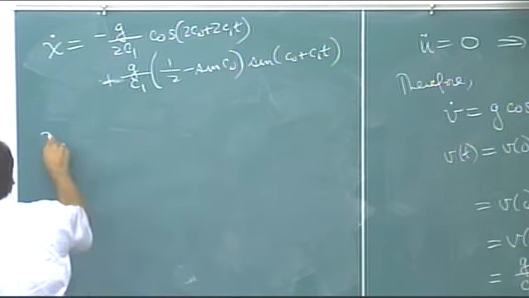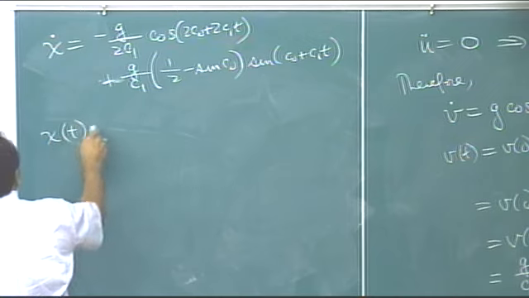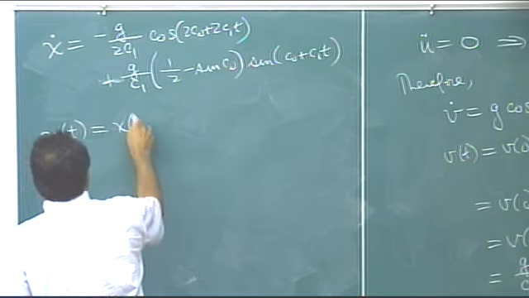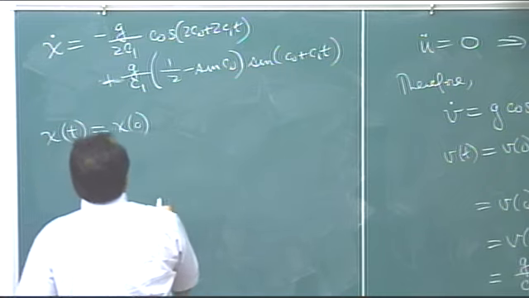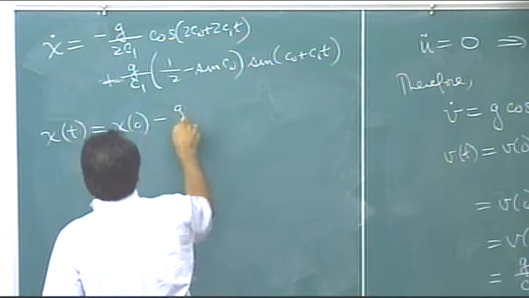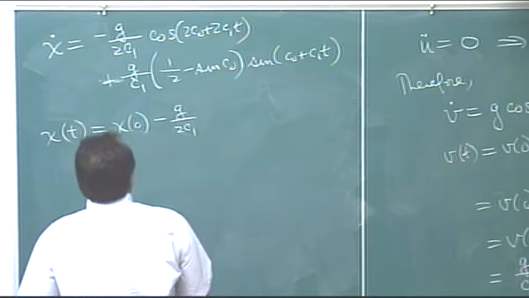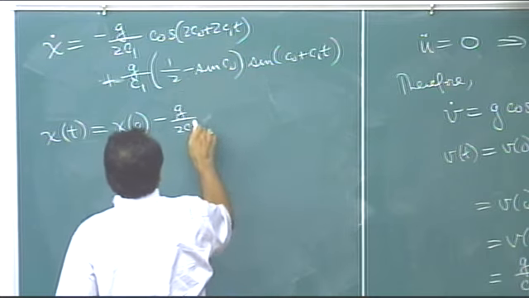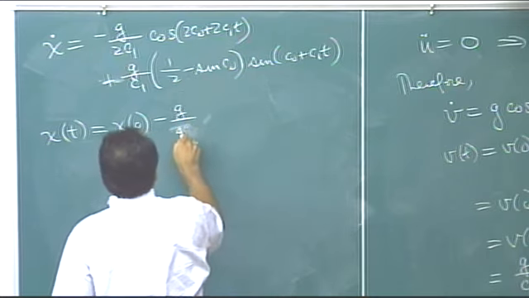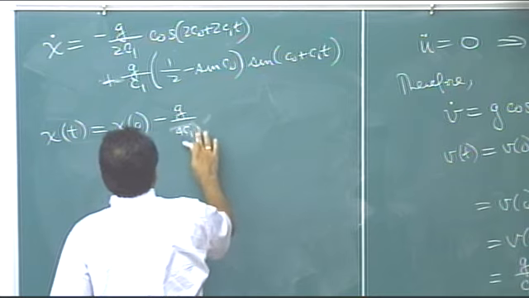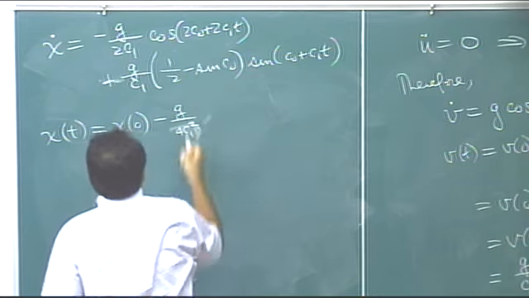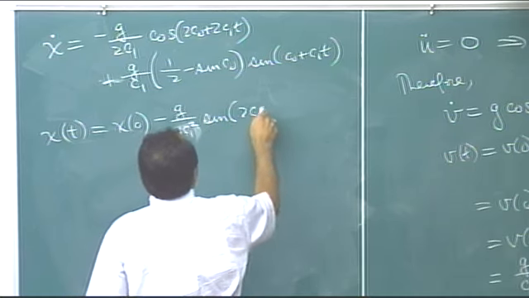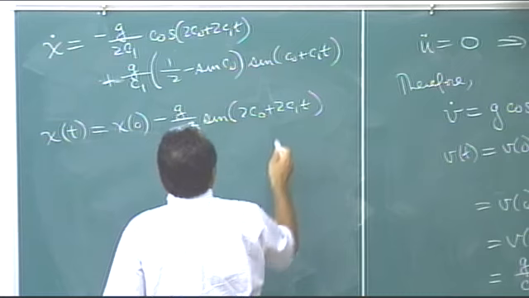So what I get is x of t, if I integrate this from 0 to t, gives me x at 0, and now I integrate this term by term. I get minus g over 2c1, and then the integral of cosine is sine, but there's a 2c1 in there, so I wind up with 4c1 squared, because that takes care of this, and I've got sine of 2c0 plus 2c1t, right?